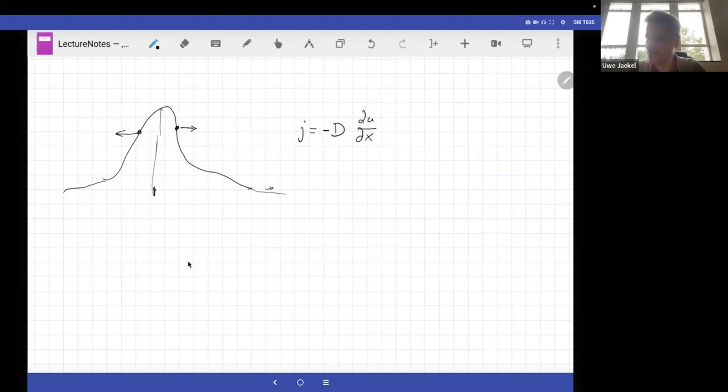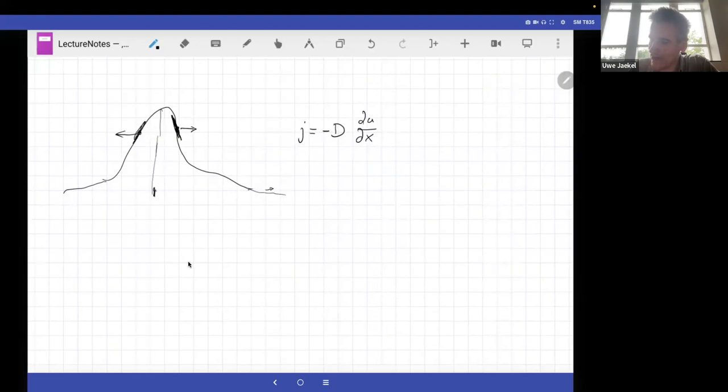times du over dx. That means the higher the concentration gradient, or the derivative, the higher will be the flux. Here we have large absolute values of the derivatives, and here we have a pretty small value. So we have slow diffusion and small transport here, and pretty fast transport here.